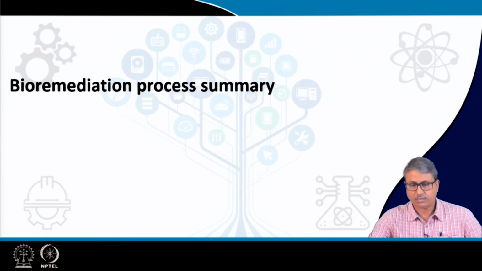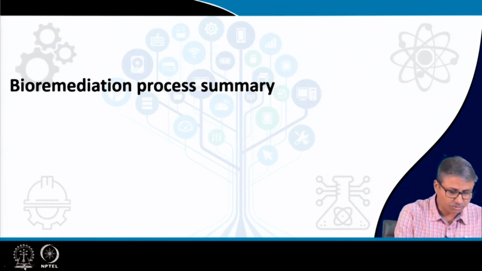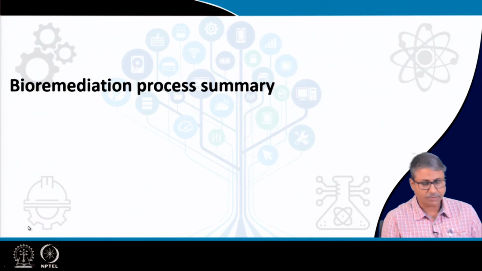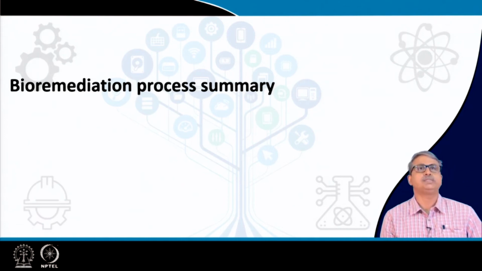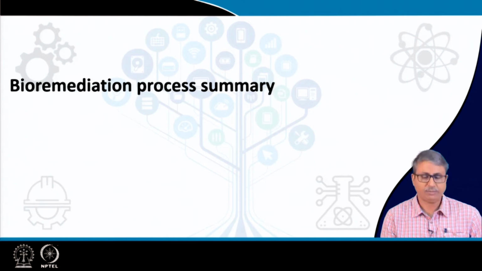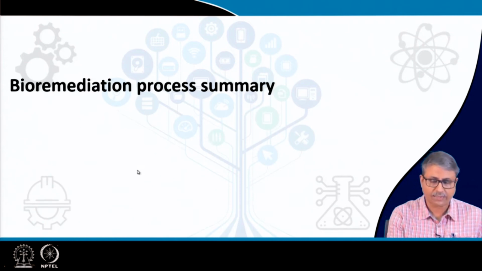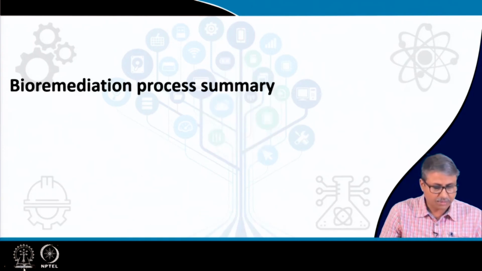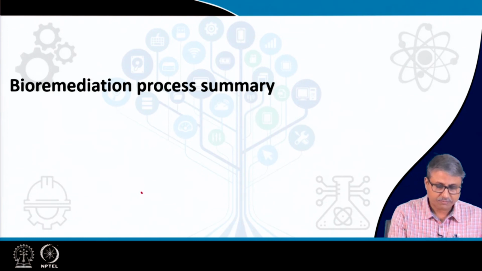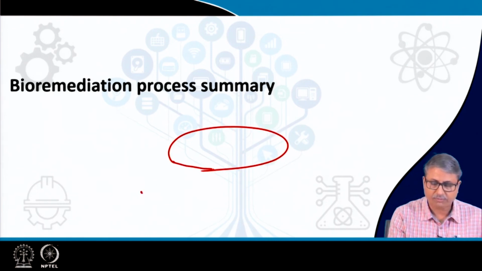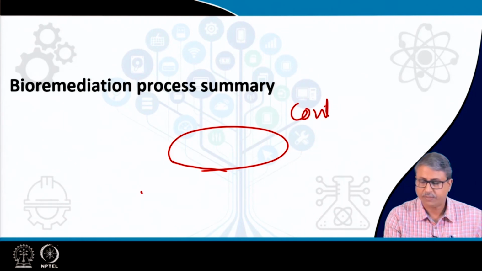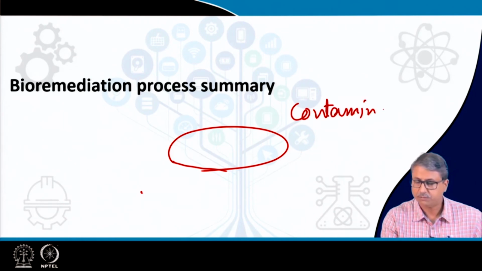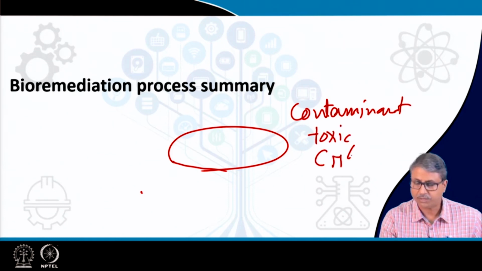As you might recall, we already discussed in detail that in most of these cases the bioremediation processes are actually catalyzed by microorganisms, and these microorganisms are capable of transforming different contaminants. So, we have these contaminants, in this case let us say the toxic chromium 6+ or uranium also 6+.